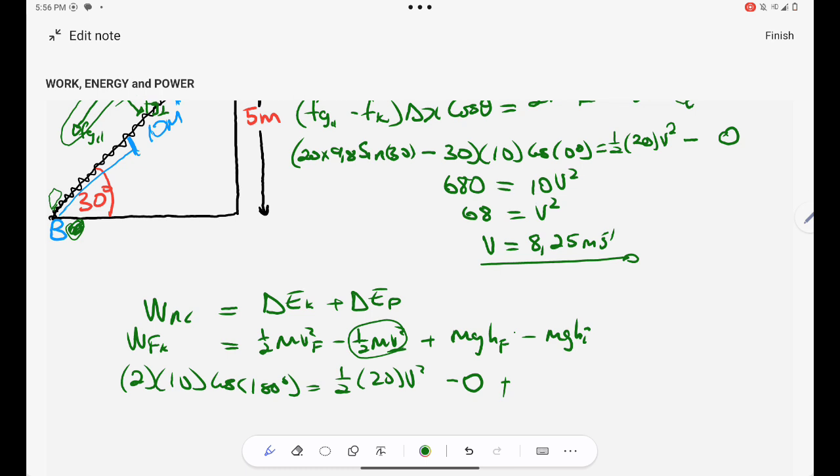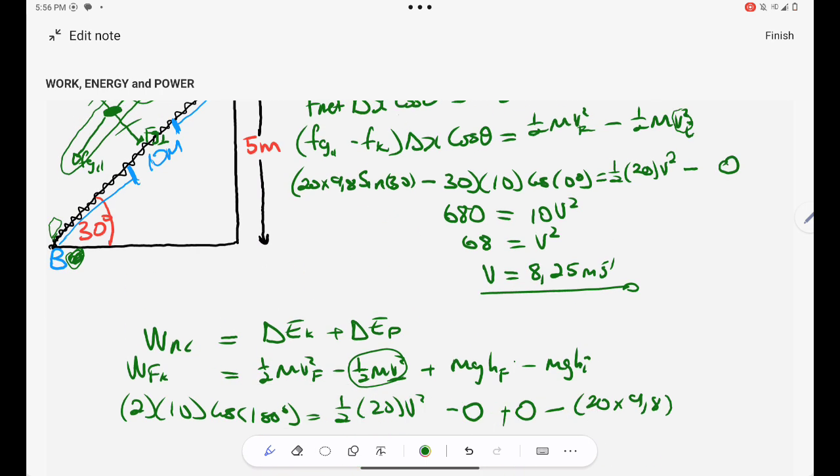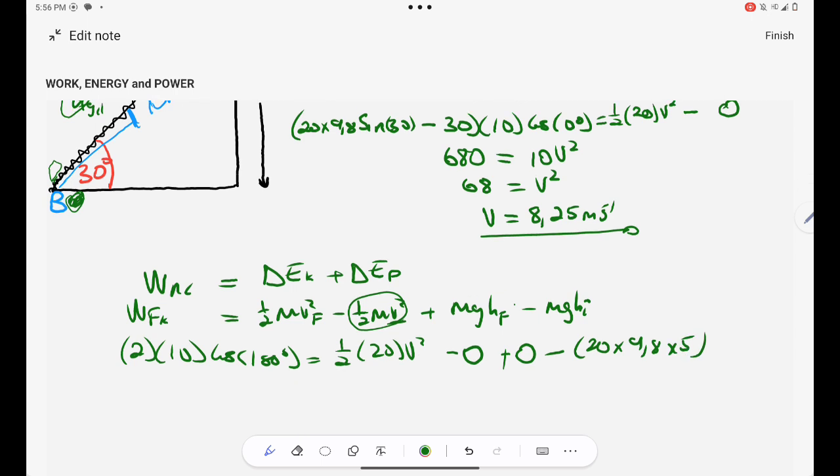So since the height is 0 meters, the potential energy will also be 0 joules. Minus mgh, that's 20 multiplied by 9.8 multiplied by the height. What's the height? The height is 5 meters, multiplied by 5. And then what do we get?